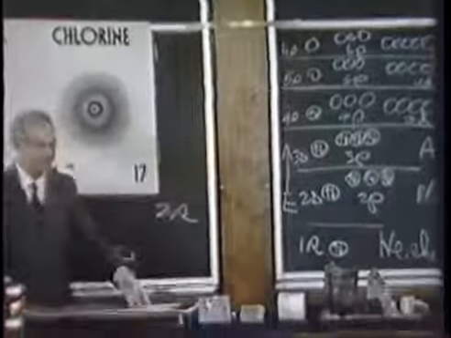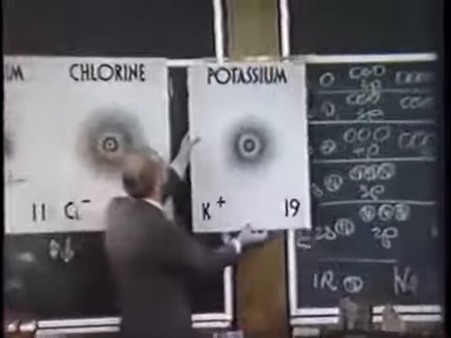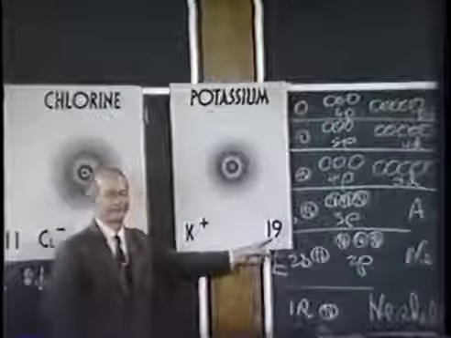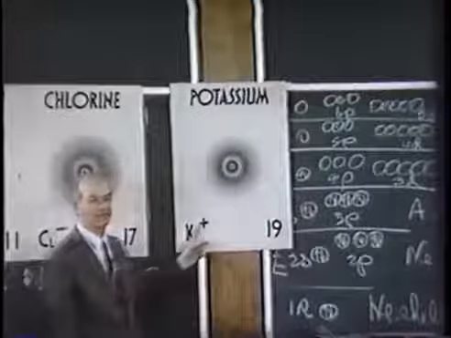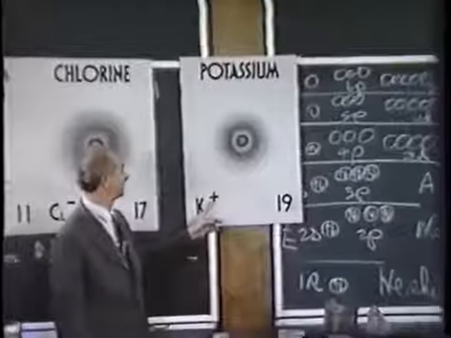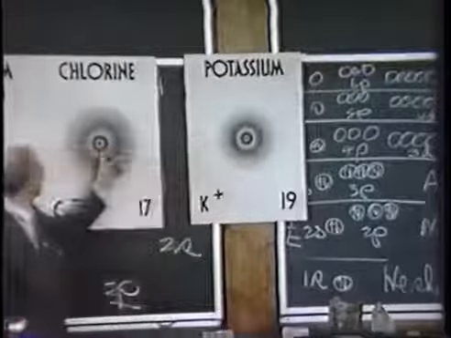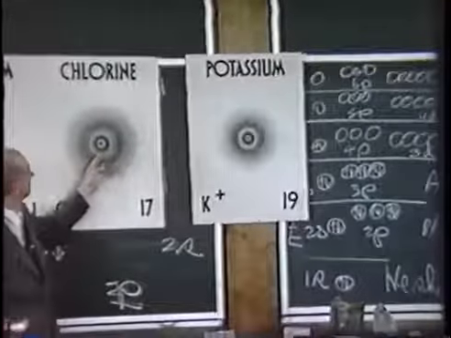Here I have the next alkali metal ion, the cation potassium. Charge is 19. 1 electron missing from it. The outermost electron beyond the argon shell is easily removed, leaves it with 18 electrons and a positive charge. The electronic structure is almost identical with that of the chloride ion.